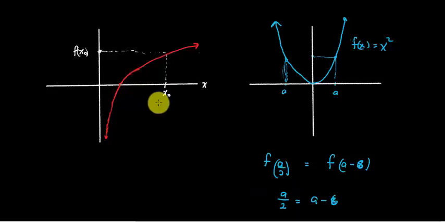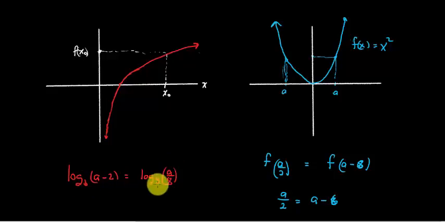On the other hand, with one-to-one functions and with logarithmic functions in particular, we can say that if I have, for example, the log base b of a minus 2, and we say that that is equal to the log base b of a divided by 8.